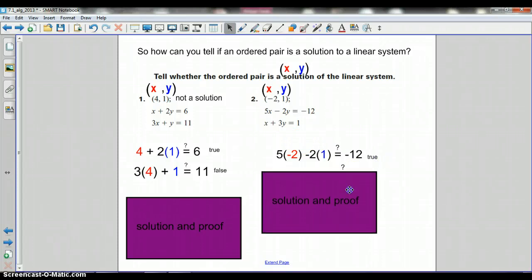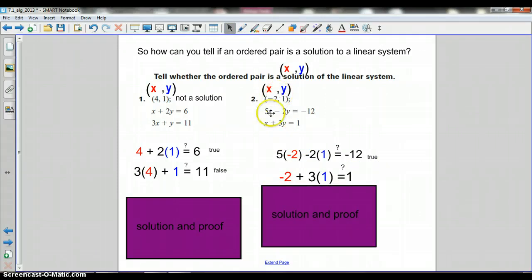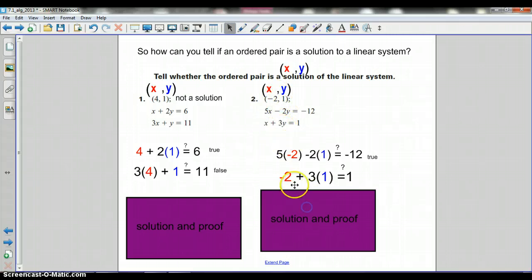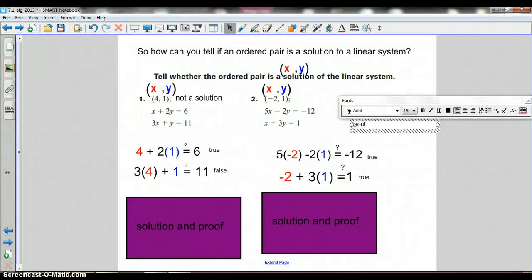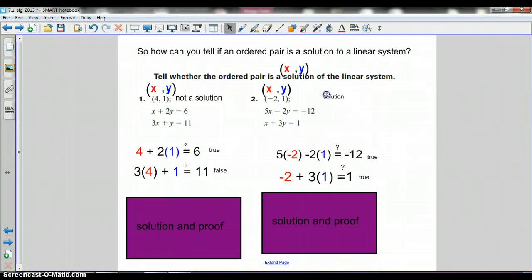And when we plug in -2 for x in the second equation and 1 for y in the second equation, we get -2 plus 3 times 1 equals 1. That also turns out to be true. So since we have 2 trues down here, we say that (-2, 1) is a solution. So this one is a solution, and the previous one is not a solution.